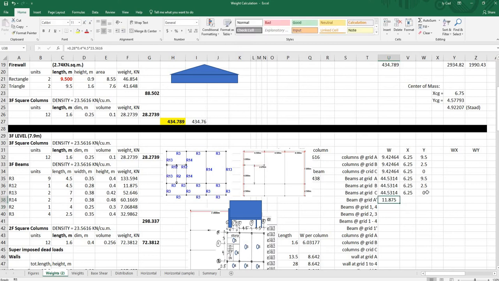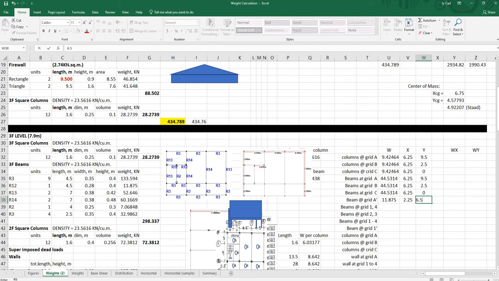And then the x coordinate would be half of 4.5. Tapos yung y coordinate would be 2.5 plus 4 meters. Remember this, ano? So that is 6.5.